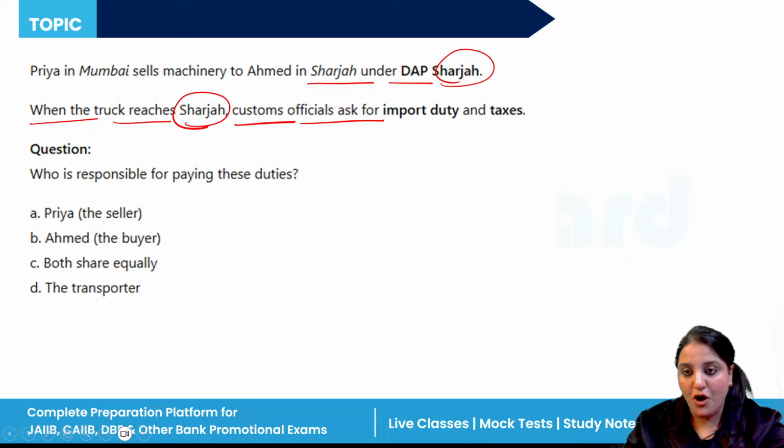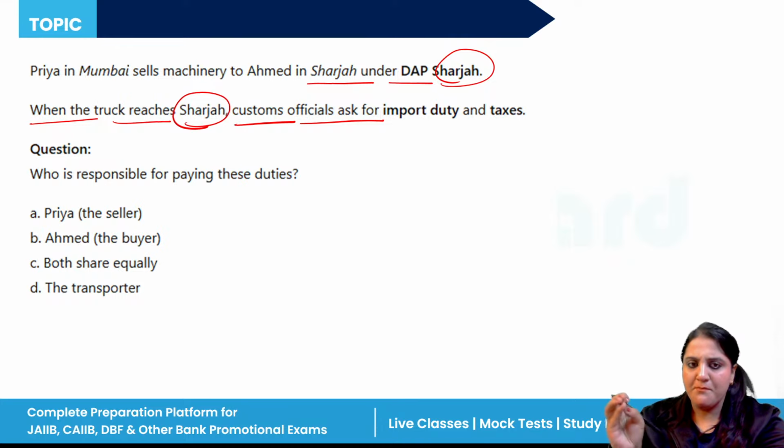Ahmed. Because under DAP, that is delivered at place, Priya has to deliver goods to the named place, which is obviously Ahmed's location, and bears all the risk and cost till goods reach the destination. However, import duties, taxes, and customs clearance in the buyer's country are not the seller's headache.